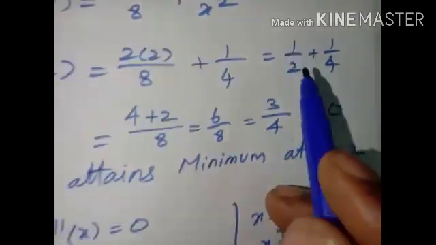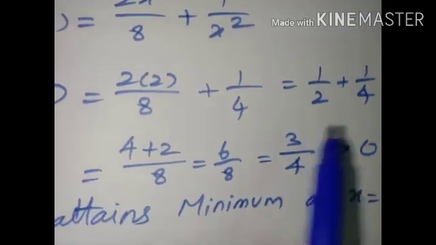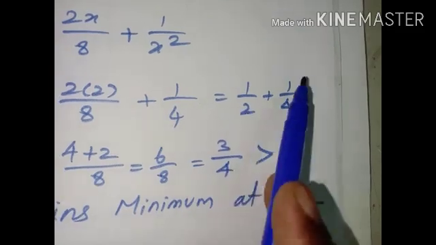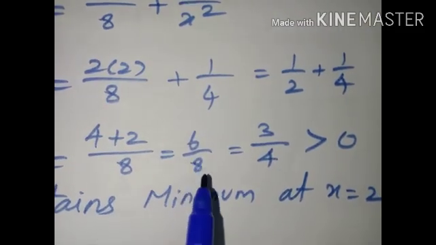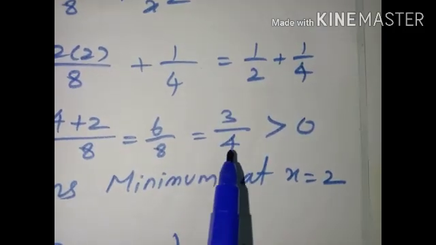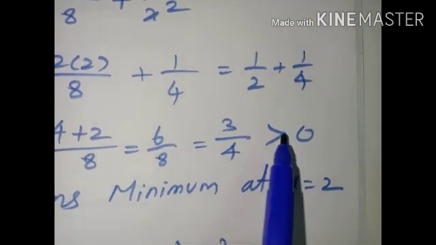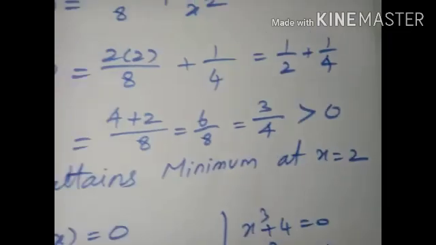Cross multiplying: 1 times 4 is 4, plus 1 times 2 is 2, divided by 2 times 4 is 8. So 4 plus 2 is 6 divided by 8, which cancels to 3 divided by 4. It is positive, so greater than 0.